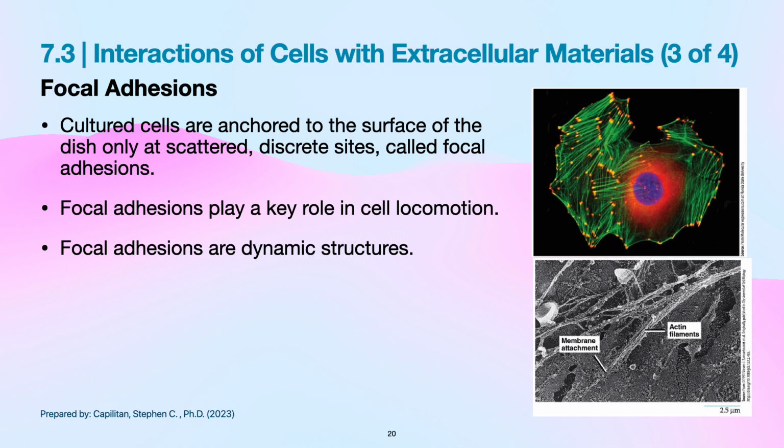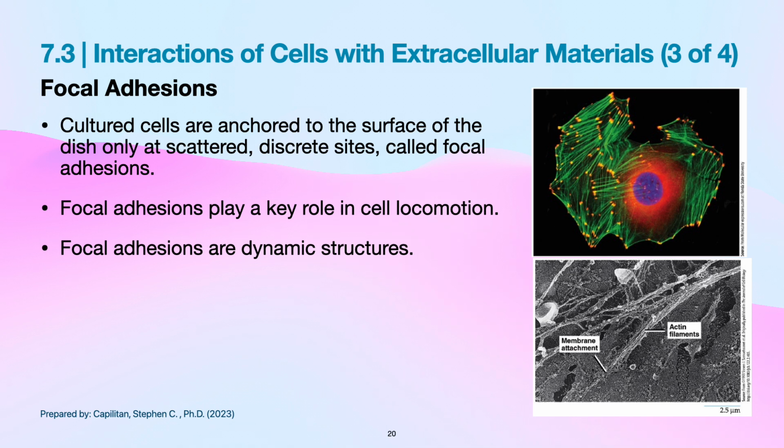Next is focal adhesions. Focal adhesions are sites where cells adhere to their substratum and transmit signals in both directions across the plasma membrane. These cultured cells have been stained with fluorescent antibodies to reveal the locations of actin filaments, colored in gray-green, and the integrins in red. The integrins are located in small patches that correspond to the sites of the focal adhesions.